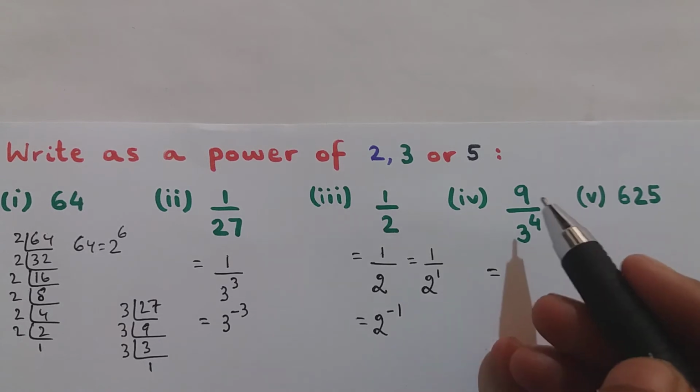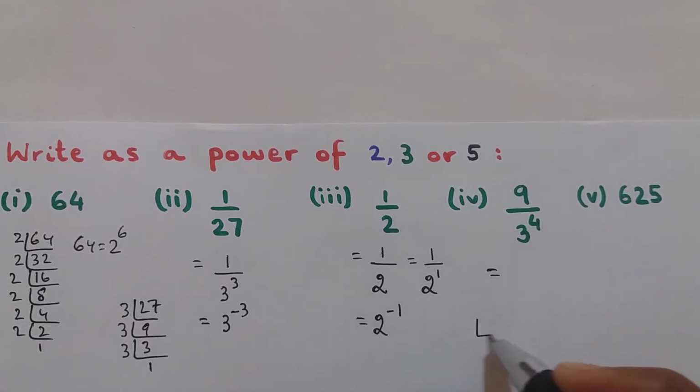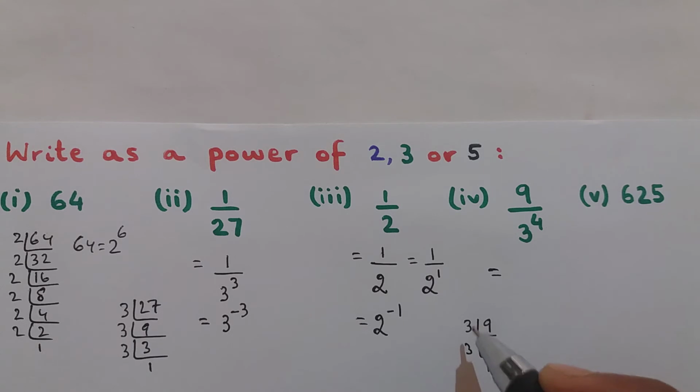Now 9, so we have to do the prime factorization of 9. So 9, if you do the prime factorization, it comes out to be 3 3s are 9, 3 1s are 3. So 9 is 3 into 3 or 3 square.